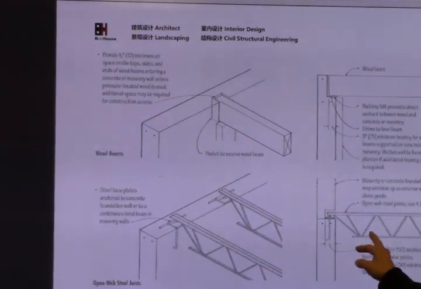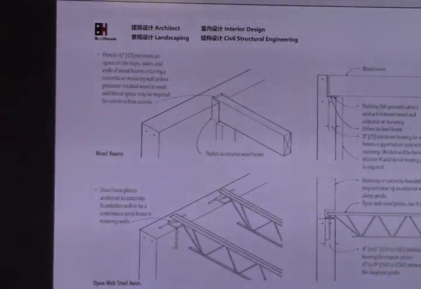Another thing is when we need more span. For example, if the basement is for a hall, or you design it for a cinema or a game room, you need more span. So we use a steel open web joist.